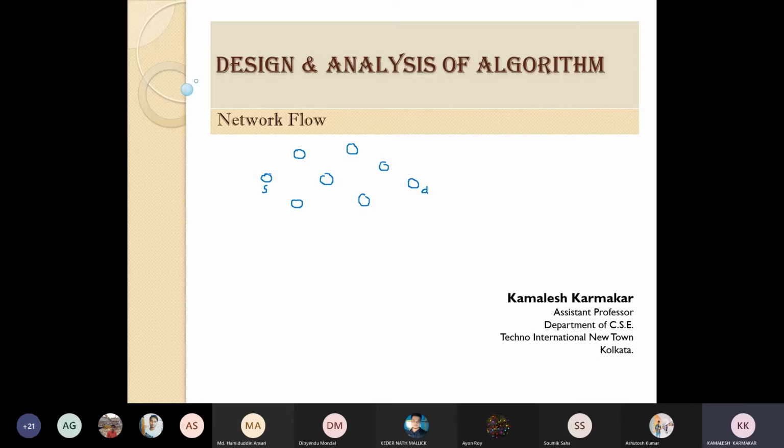From the source, these are the links by which these nodes are connected.